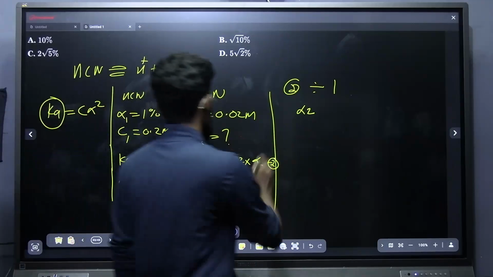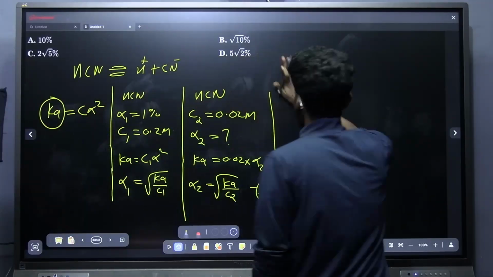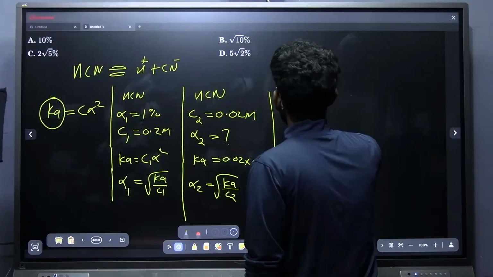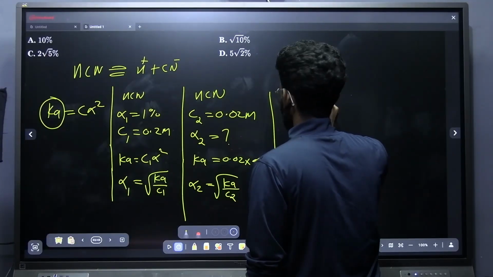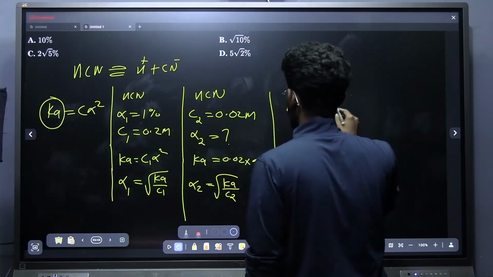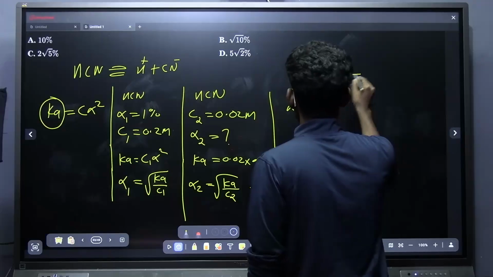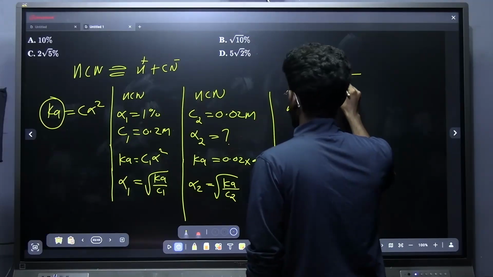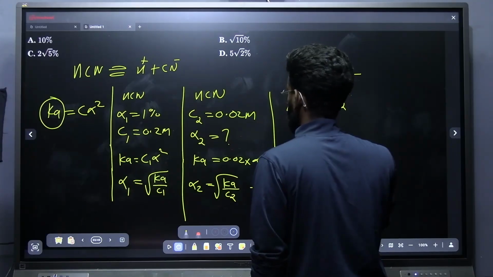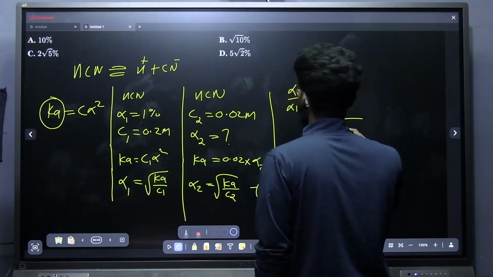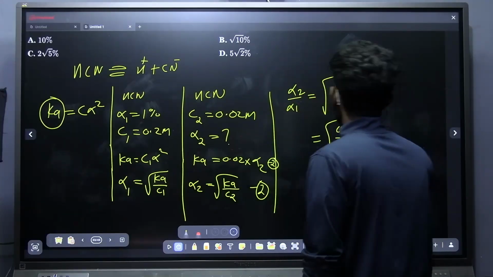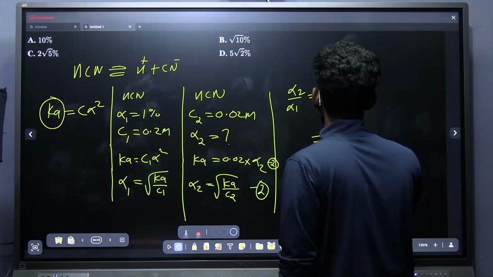Now if I am taking the ratio, alpha 2 divided by alpha 1, Ka will get cancelled, so it will be root of C1 divided by C2. C1 value is 0.2 divided by C2, which is 0.02.